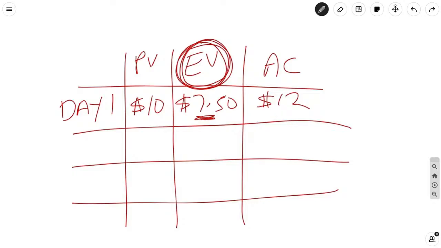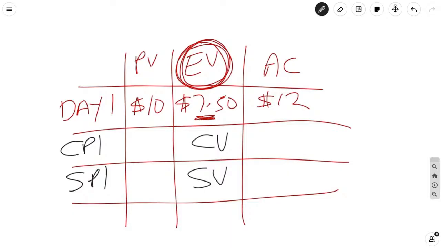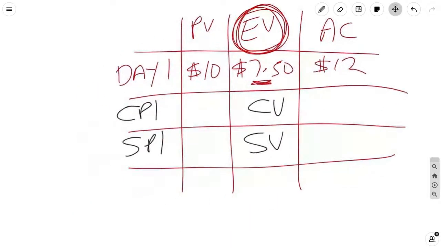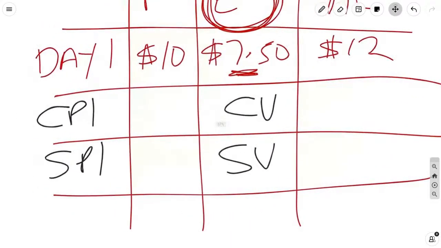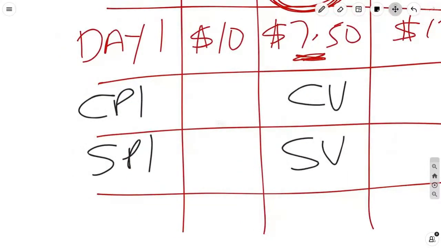So we have the cost performance index. We have the schedule performance index. We have the cost variance, and we have the schedule variance. All right, pay close attention. This is where it gets interesting.